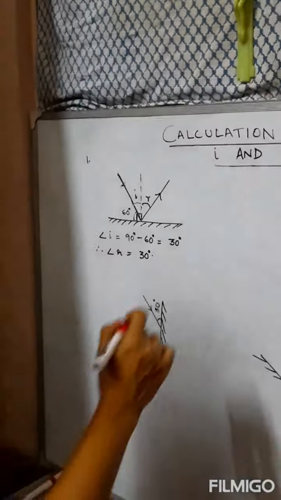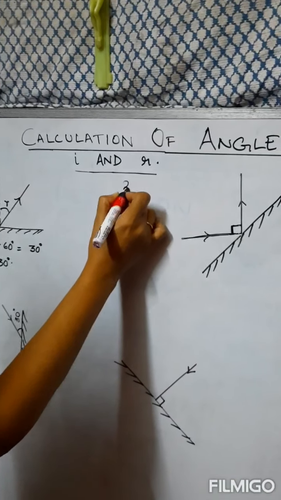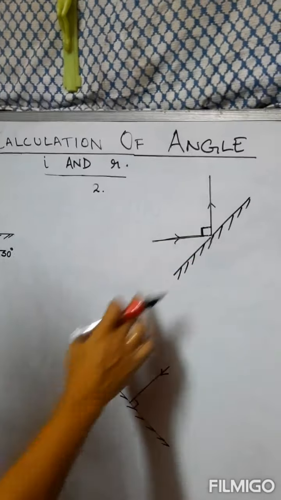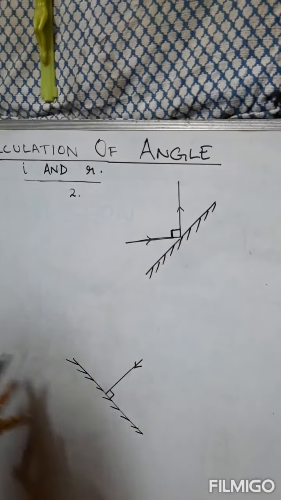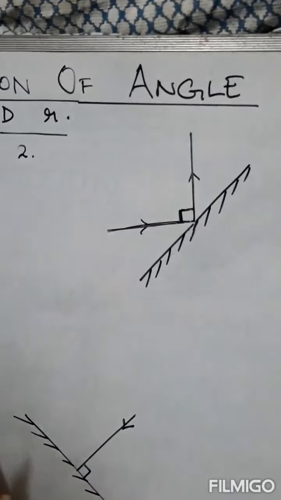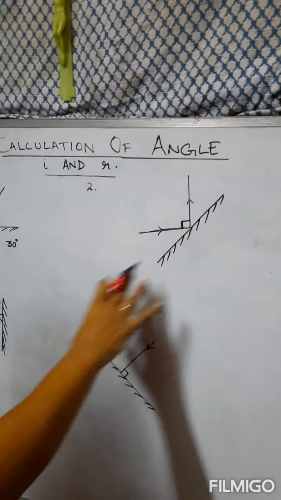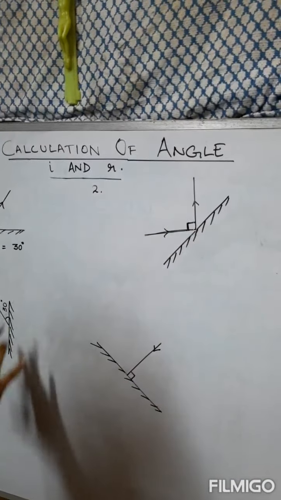Next sum number 2. See, the reflecting surface can be in any direction. It is not always straight. It can be at any angle.